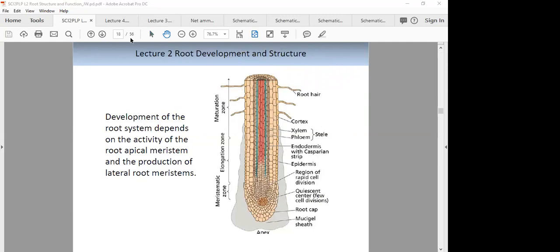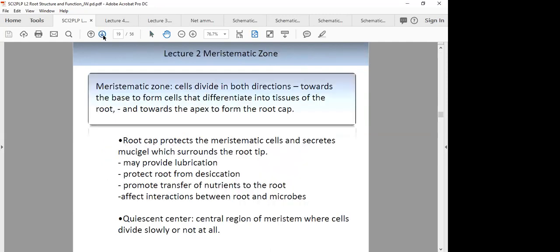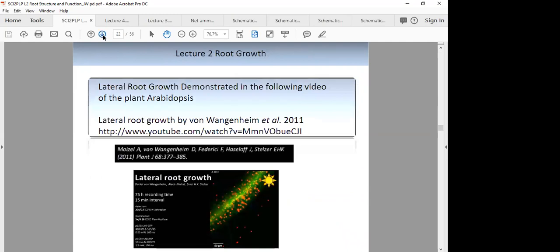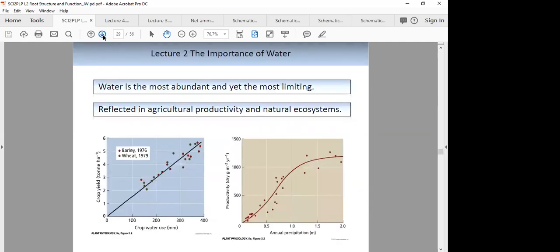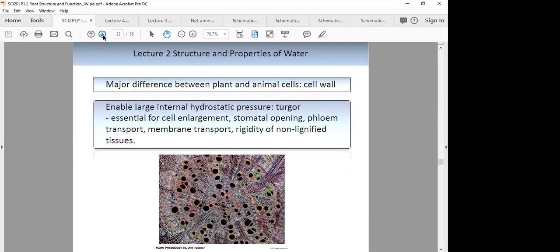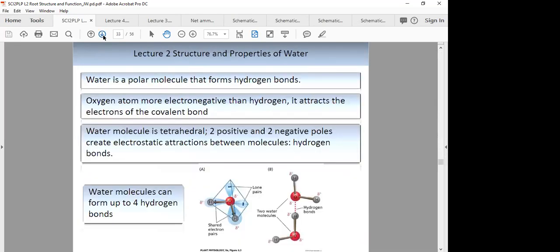All right, let's move on to slide 33. And who remembers their chemistry from last year? You cannot escape chemistry when you're studying plant physiology.